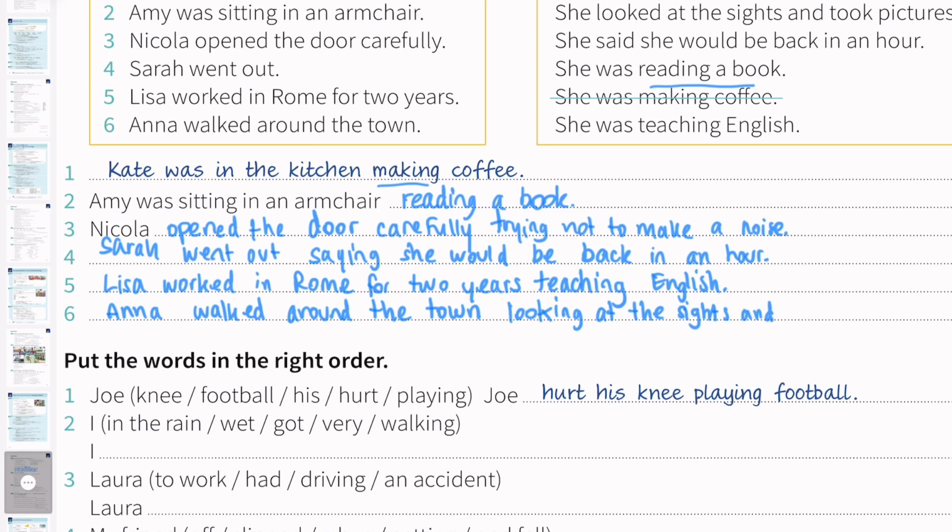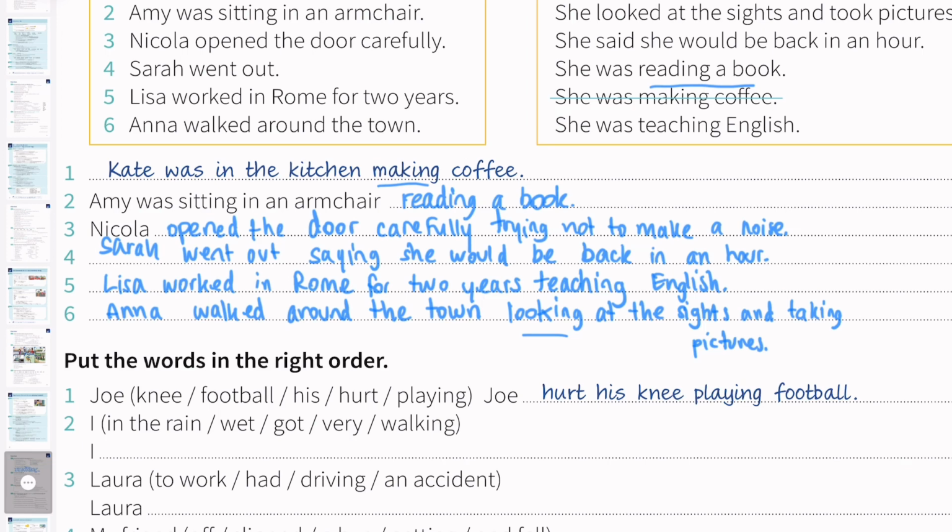Because we have looking here, it needs to be a similar form of verb, right? So we have to use taking. I write pictures here. Anna walked around the town looking at the signs and taking pictures.